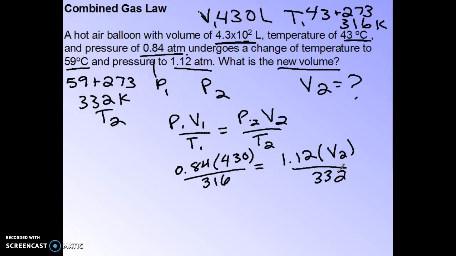Okay, so now we need to get V2 by itself. We should usually start by moving the thing in the denominator. So I can multiply by this on both sides. So it'll cancel. Then I'm going to need to divide by 1.12 because it's multiplied by V2.